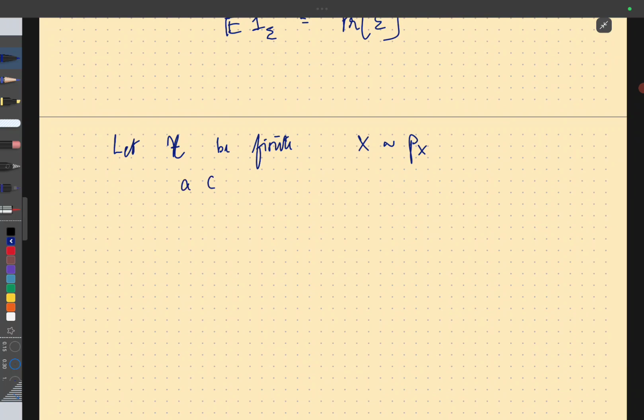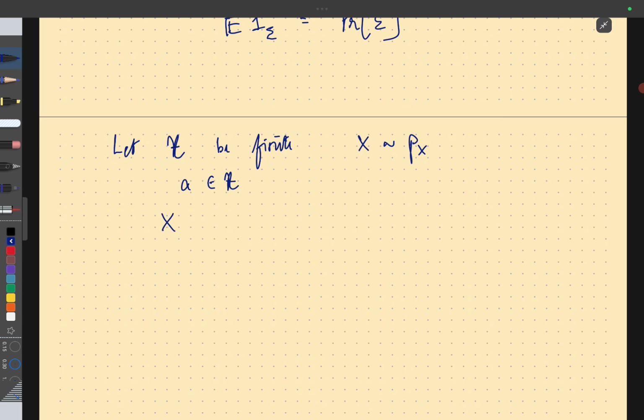Let's suppose that a is some symbol from this set script X. Now what I want to do is find the frequency. I want to say something about the frequency of occurrence of a particular symbol a if I observe a sequence of random variables drawn according to Px.